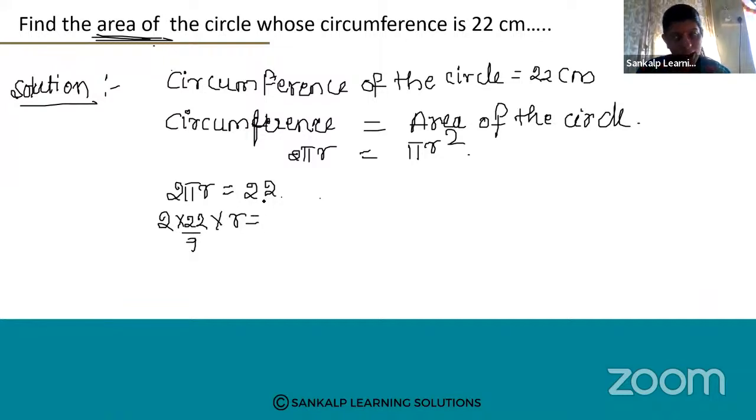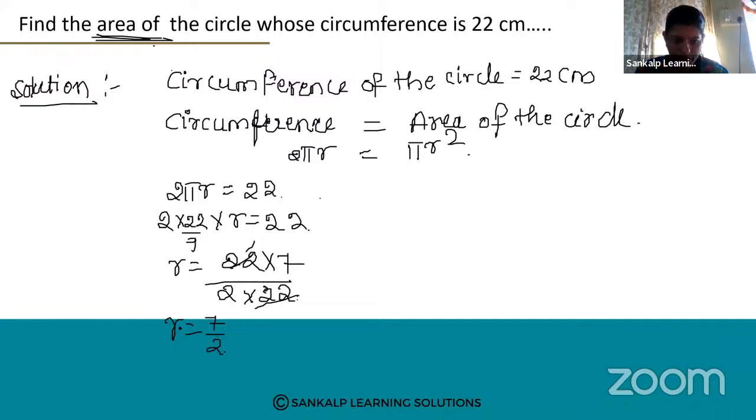R we have to calculate, is equal to 22. Transfer this 2 to this side, it becomes divided by 2, and when you shift 22 divided by 7 to this side, 7 will go up and 22 will go down. So 22 will get cancelled. Finally, you will get r is equal to 7 divided by 2.